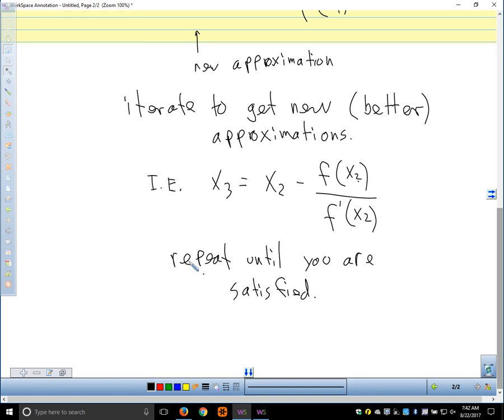That might mean you picked a bad value for your initial guess. You might have picked something near a maximum or a minimum to get f prime equals 0. So you can change your initial guess and get around that. Sometimes the function just isn't nice and Newton's method doesn't work.